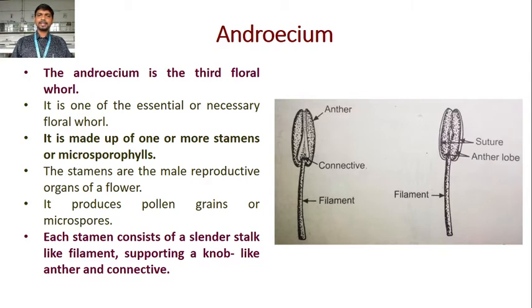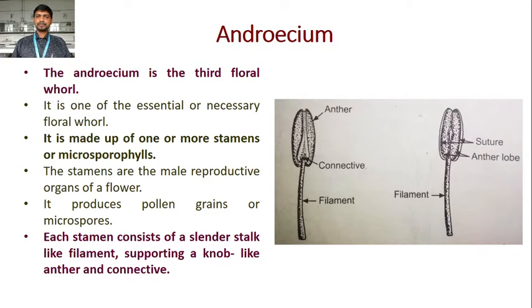So androecium is the third floral part found in the flower. It is required for reproduction, so we say it is necessary or essential. It is made up of one or more stamens. The stamens are the male reproductive organs of a flower.